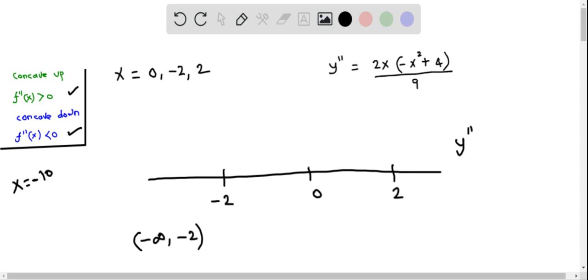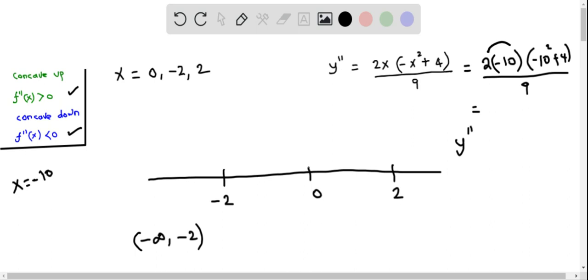and plug it into the second derivative. So this equals 2 times negative 10 times negative 10 squared plus 4, and this is over 9. We need to understand only the sign, we don't need the exact calculation.